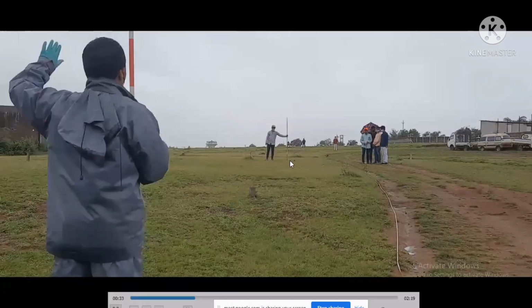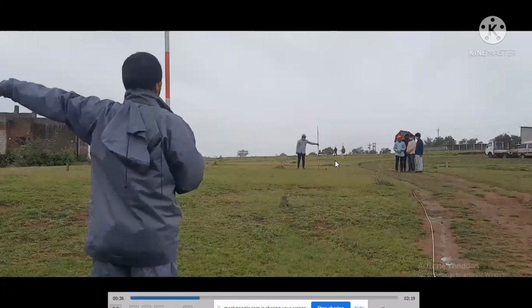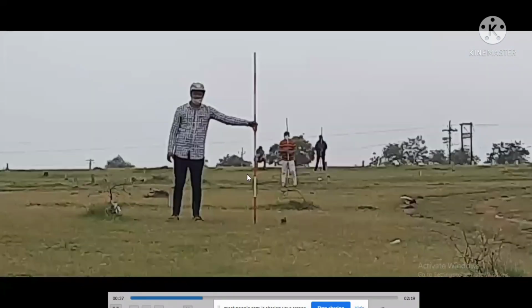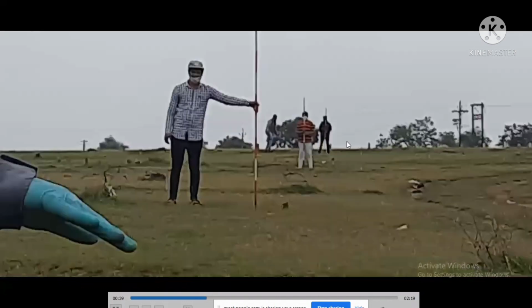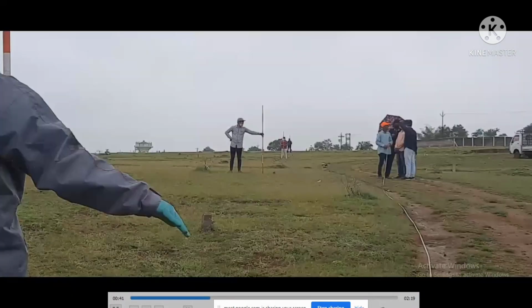So this is the point in the line, and you can see the second person is also coming in the line. So this is the direct ranging process.